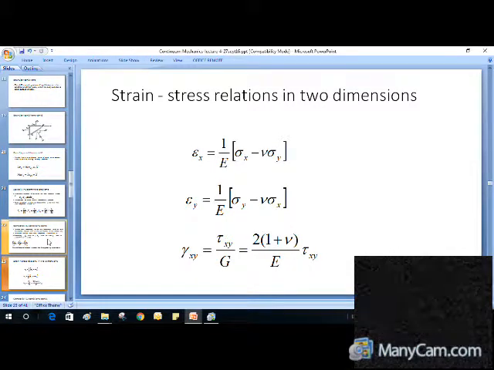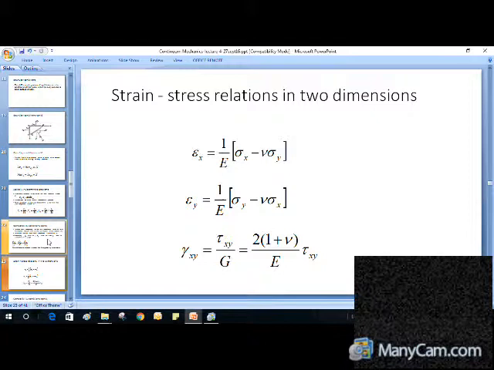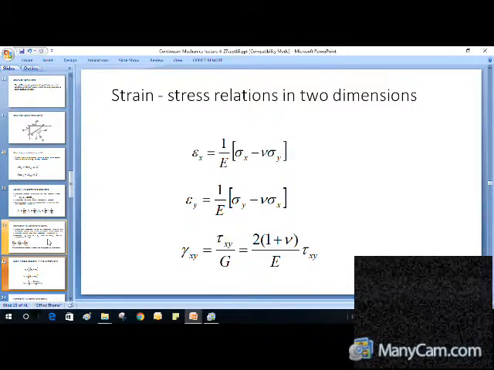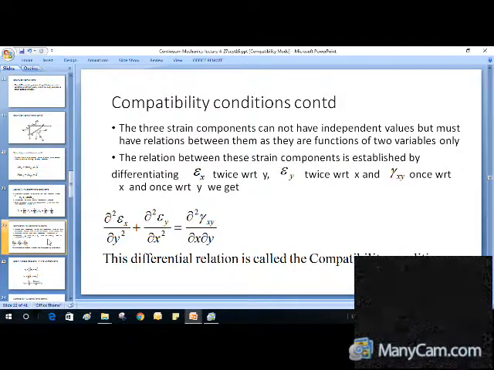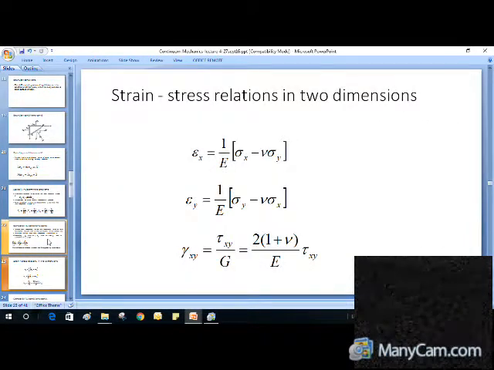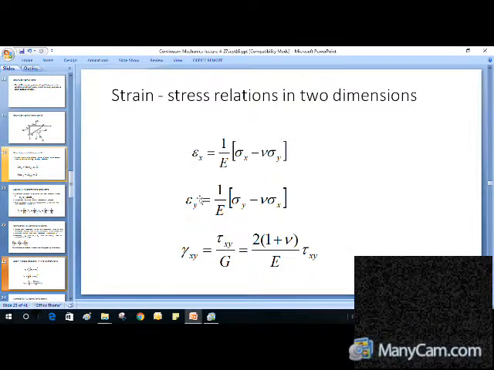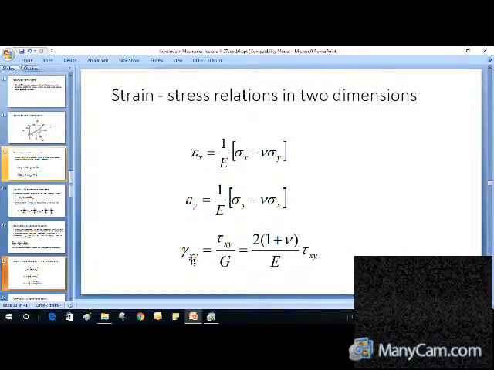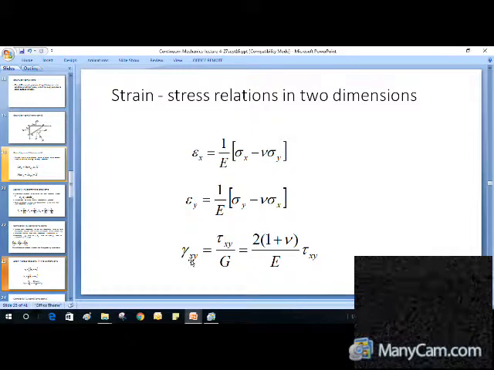Epsilon x is 1 upon E times sigma x minus mu times sigma y and so on. So this I substitute in this compatibility condition, which involves epsilon x, epsilon y and gamma xy.